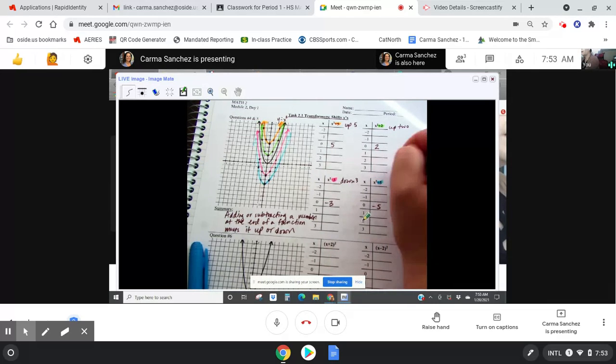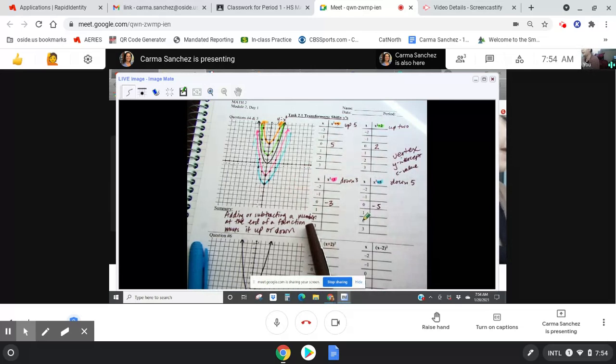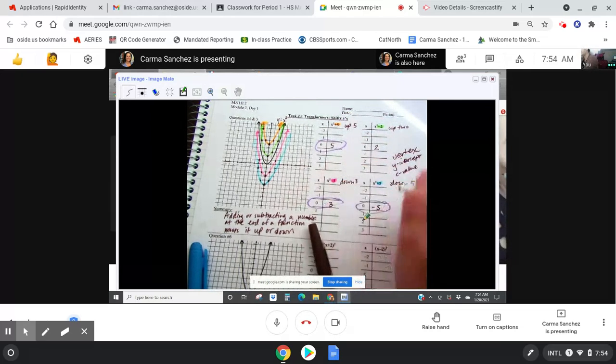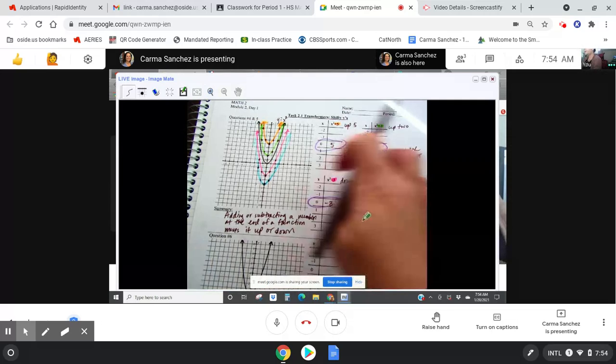Remember that the y-intercept is the same as the c value of a quadratic. And that this y-intercept happens to also be the vertex on all of these because it only had an up or down shift. So all of these are the vertex and the y-intercept because it only moved up or down. All right, this is the up or down movements.